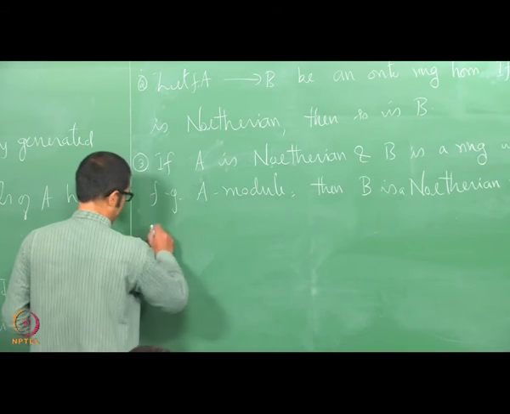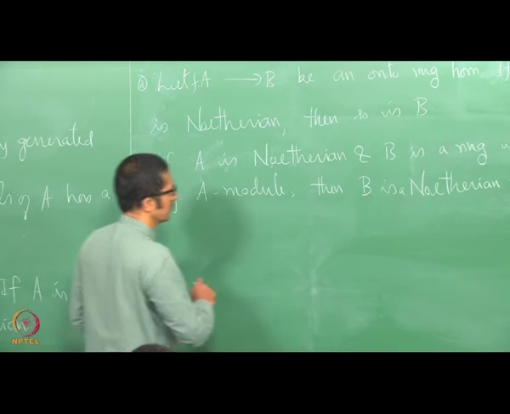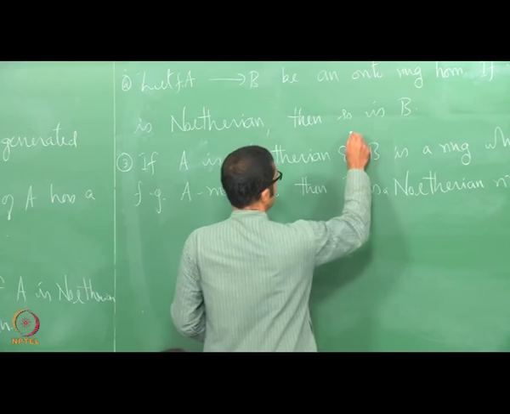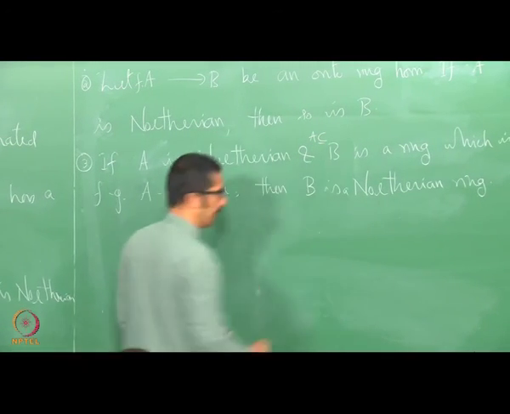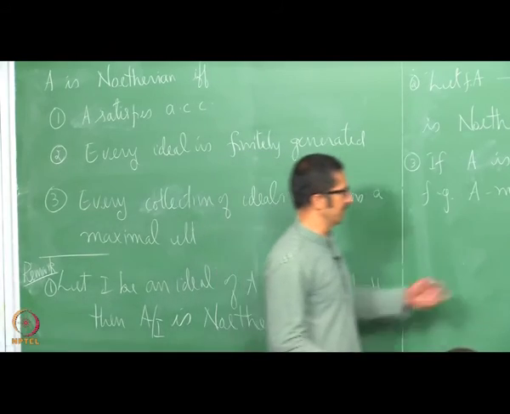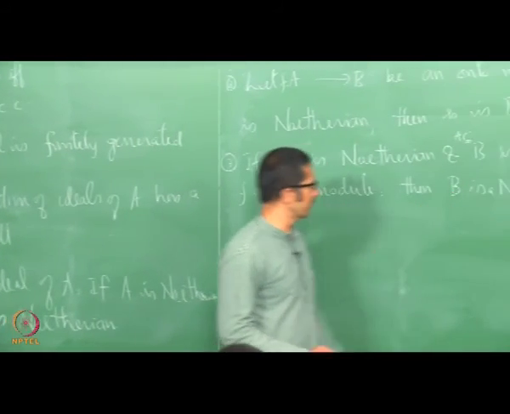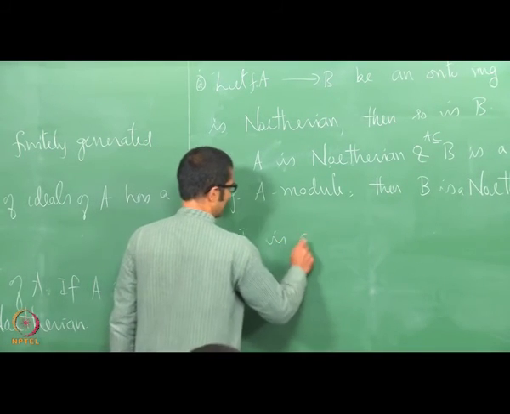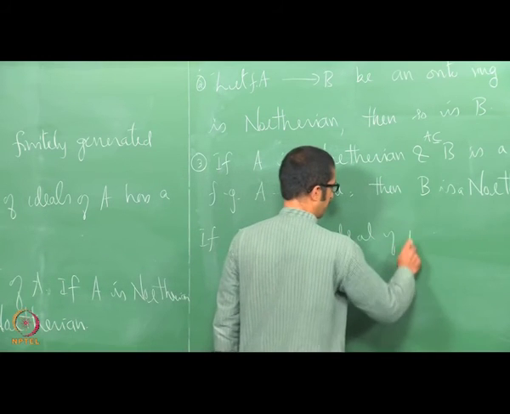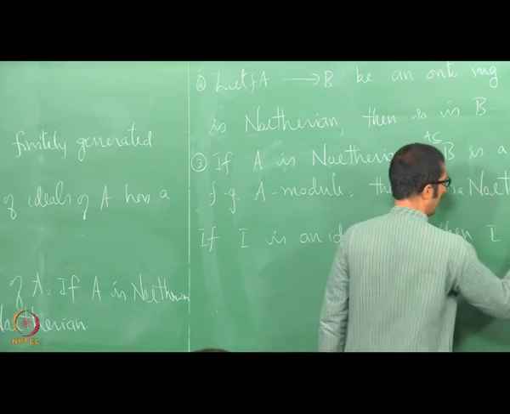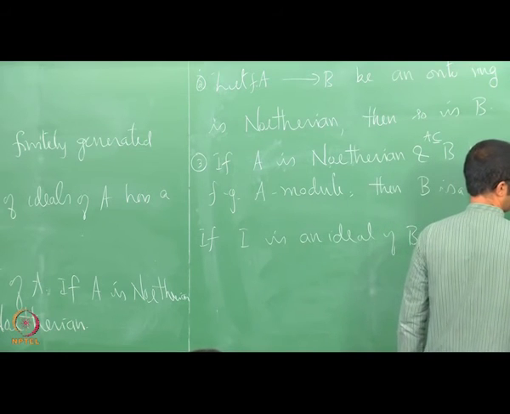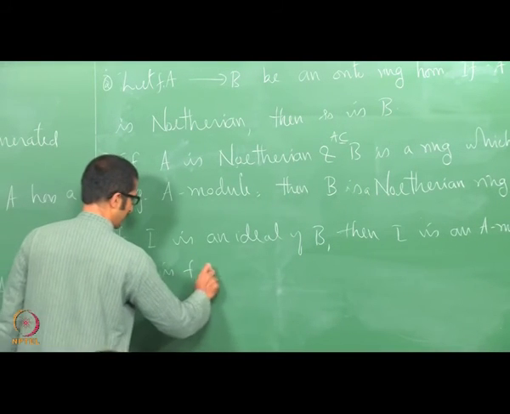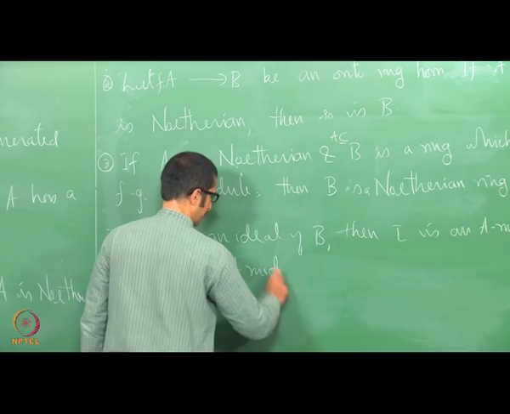I am looking at A contained in B, and we need to have multiplication compatibility structure. So, if I is an ideal of B, then I is an A module. This implies that I is a finitely generated A module.